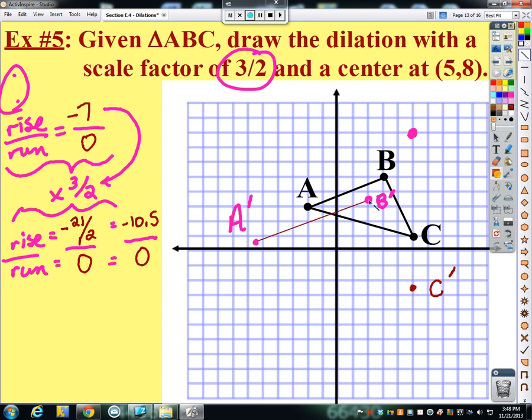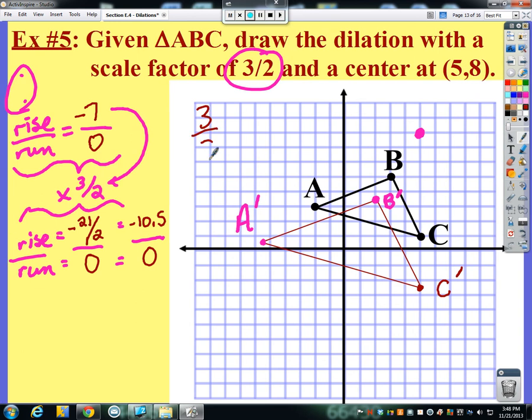So now, since we've done all of our points, we just need to connect now. A prime to B prime, B prime to C prime, C prime over to A prime. And you can see that A prime, B prime, C prime is larger than triangle ABC. How much larger is it? Well, each side grew by 50%, okay? Because again, think of 3 halves as 1.5, split up the 1 from the 0.5.